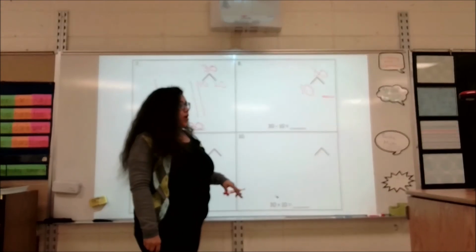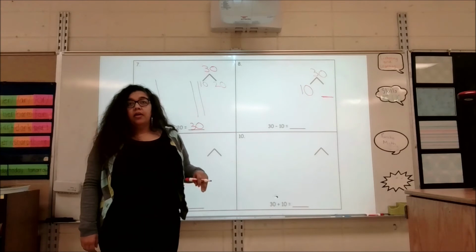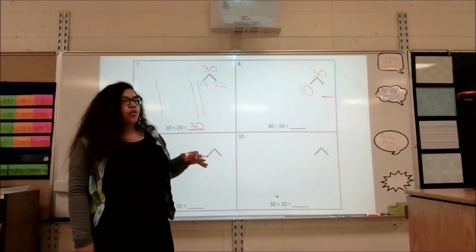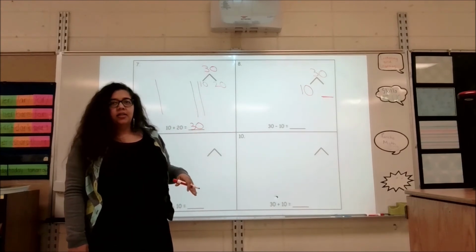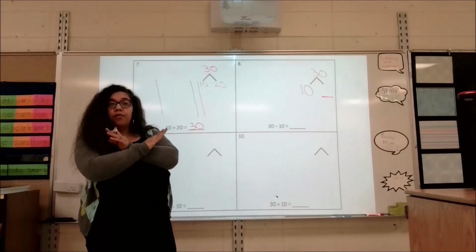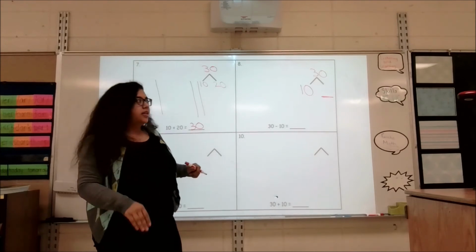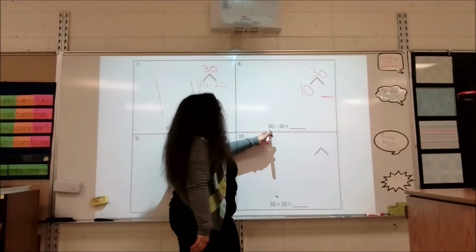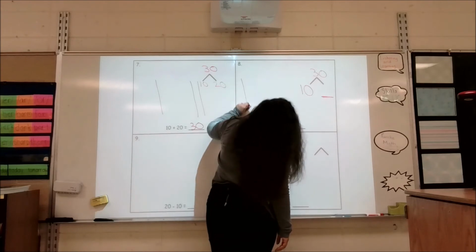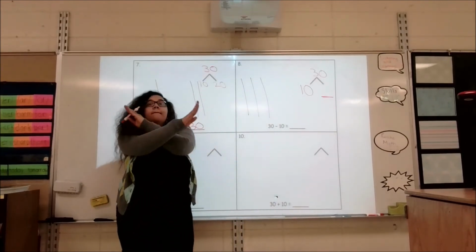Let's go ahead and draw this picture. Now, if we are drawing for a subtraction problem, how will we show that we have subtracted? We will cross a group off. We'll cross off what we're taking away. We will cross off the part that is being removed. Good. So we need to draw the whole. So, using quick tens, 10, 20, 30.